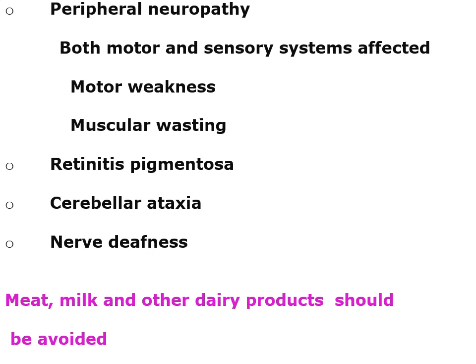So what is Refsum's disease? Deficiency or defective alpha hydroxylase, otherwise called phytanic acid oxidase. Because of this, phytanic acid gets accumulated in the tissue and plasma, resulting in neurological manifestations like peripheral neuropathy, retinitis pigmentosa, cerebral ataxia, nerve deafness, etc. So meat, milk and other dairy products which are rich in phytanic acid should be avoided.